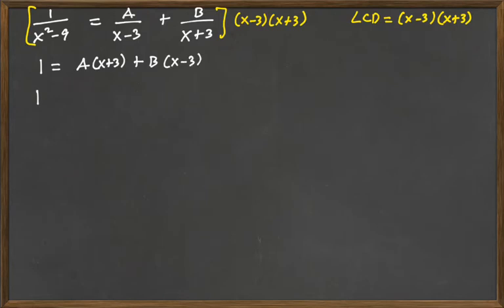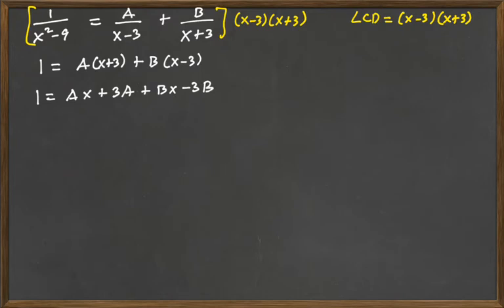And I've seen a variety of different ways of doing this. Some folks like to pick values for x and then solve for a and b. So for example, we'd let x equal negative 3, and then x equals positive 3, and that would allow us to solve for the a and the b. This strategy will also work where we go ahead and distribute, so we have ax plus 3a plus bx minus 3b.